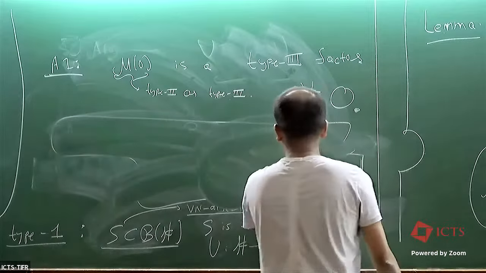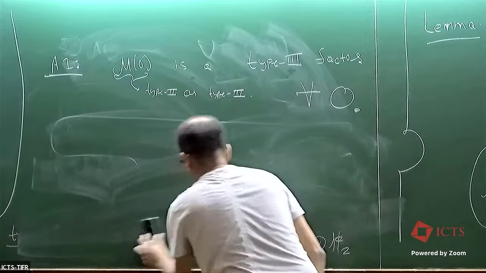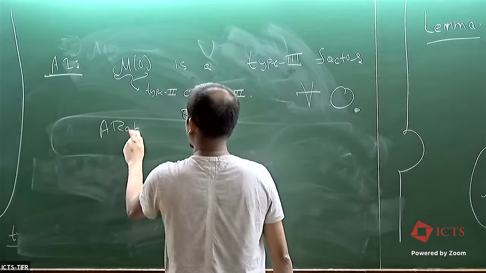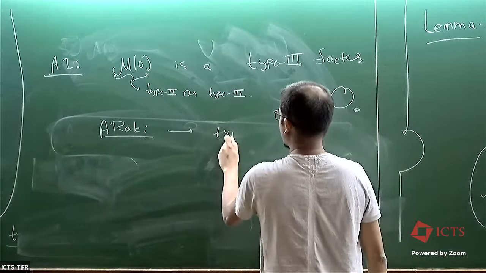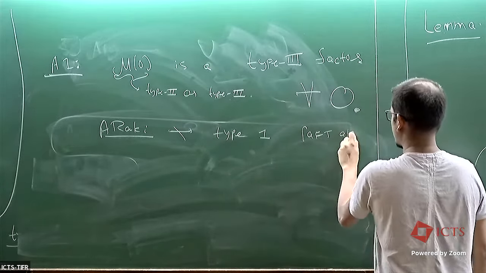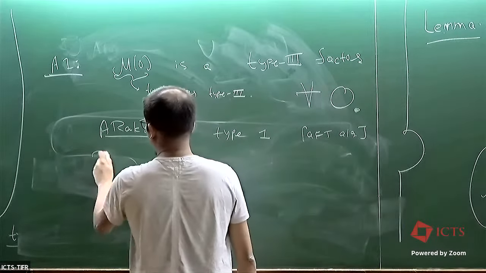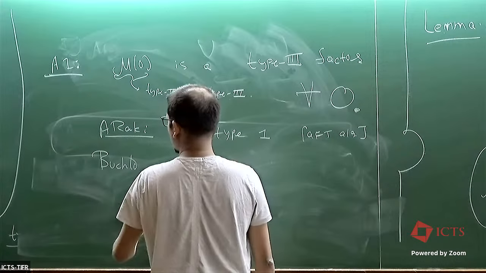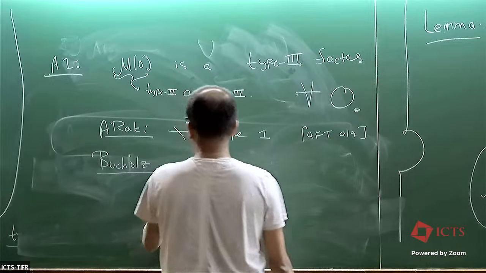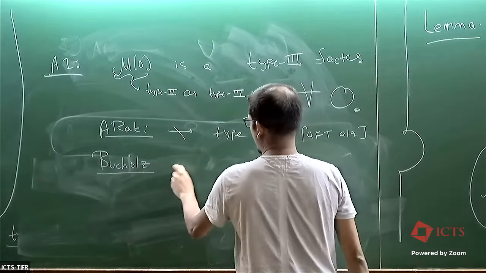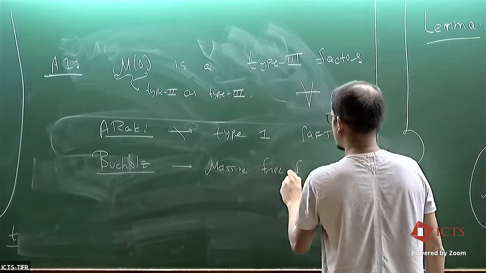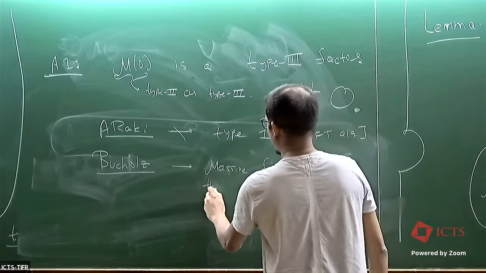So let me write at least a brief history of how this type 3 thing was realized in QFT. Araki was the first one to observe that the algebras in QFT are not type 1. And then the first important paper came, which showed that for a massive free field theory, it is type 3, in quasi-free states.